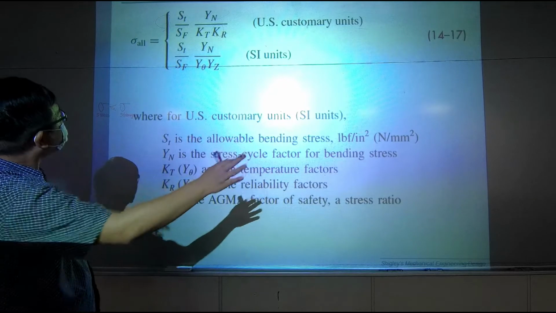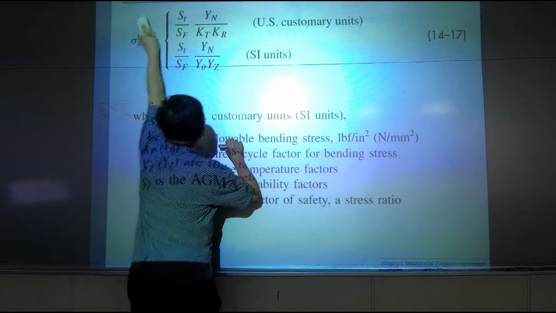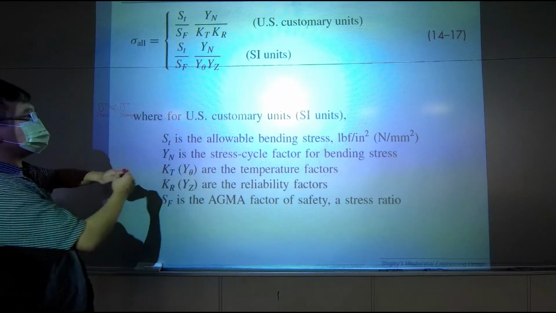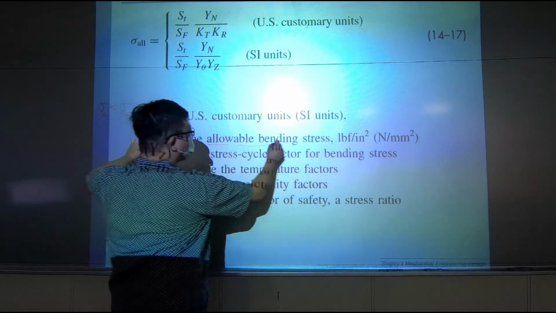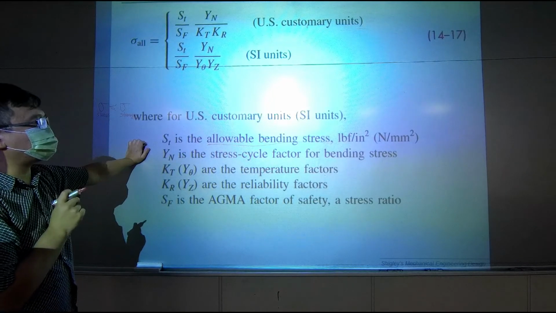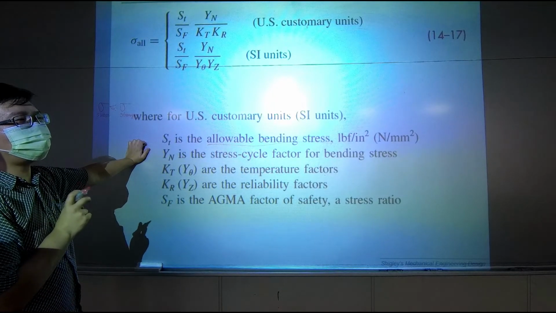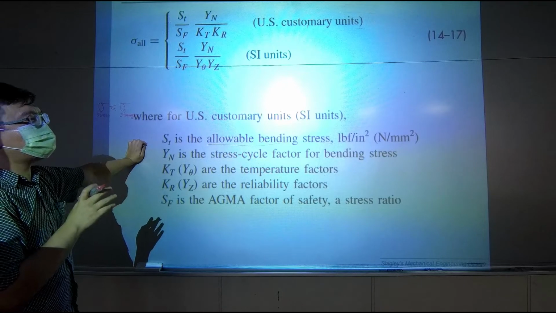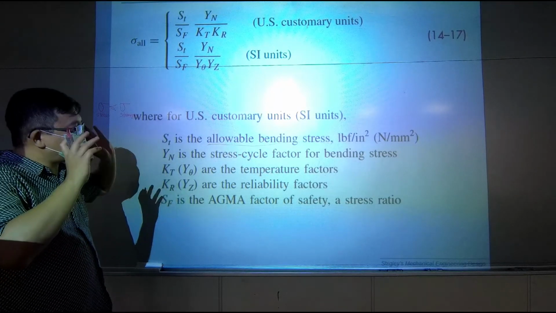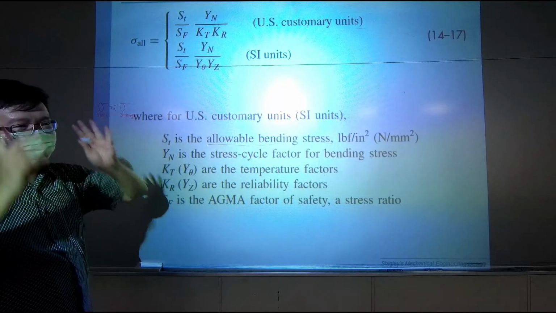So on the right-hand side, we have ST. What is ST? Allowable bending stress. Okay, so this is like an allowable stress without consideration of anything else, the allowable bending stress for the material.